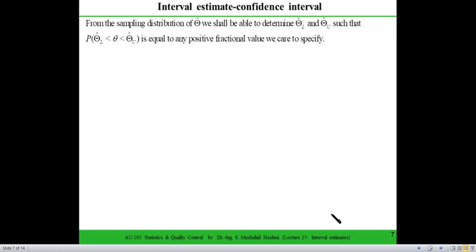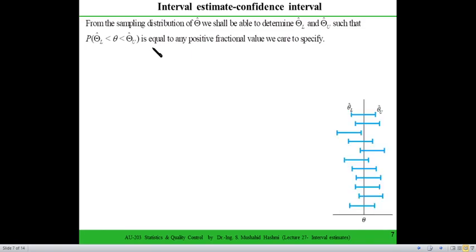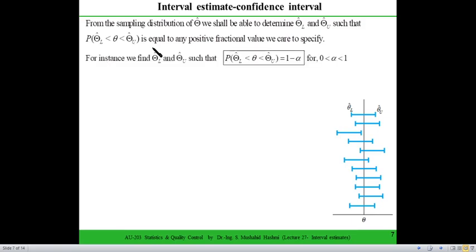Okay, now we can formalize the same thing. Let's say for a sampling distribution of theta cap. Theta cap is always an estimator based upon the sample. From that estimator, there is a certain formula by which we generate the lower and upper limit, and there is a certain probability associated that your population parameter theta would be lying between them.